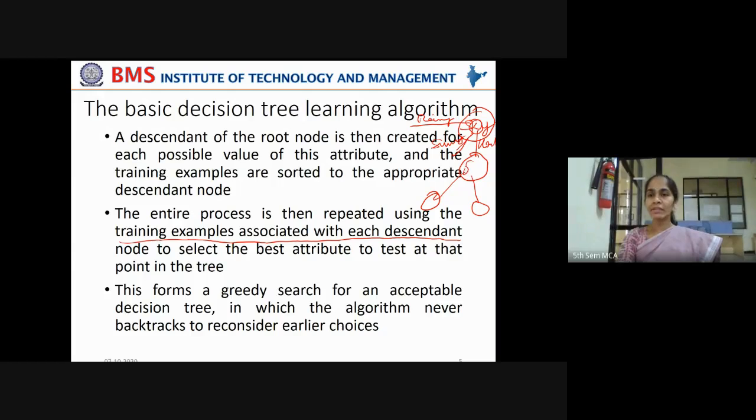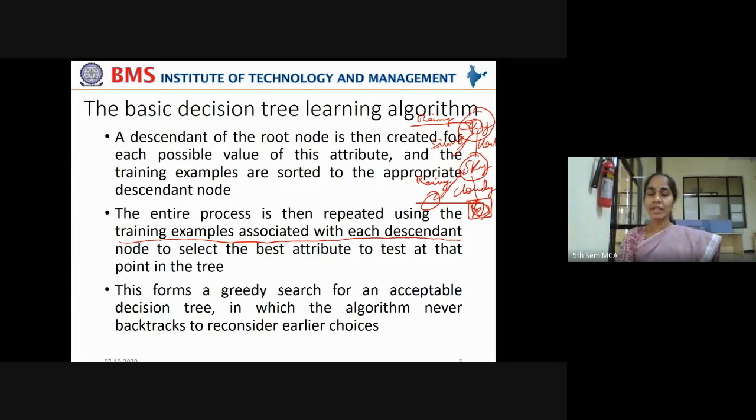Okay, now sky is cloudy. Let us take this branch. When the sky is cloudy, if all the training examples are yes, in that case you can simply make it a leaf node and give it as yes. But when the sky is rainy, some other attribute values vary, and there is a no. In that case, you have to check further conditions. Okay, the sky is rainy.